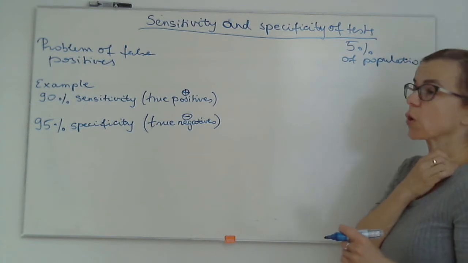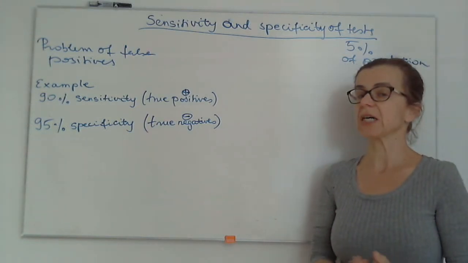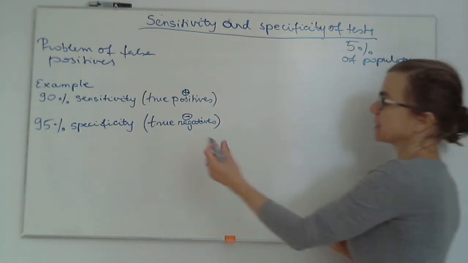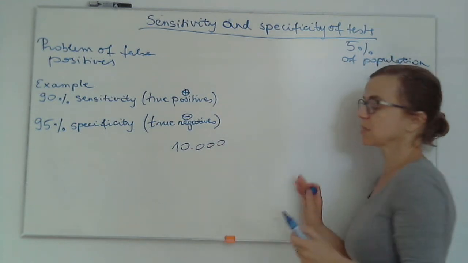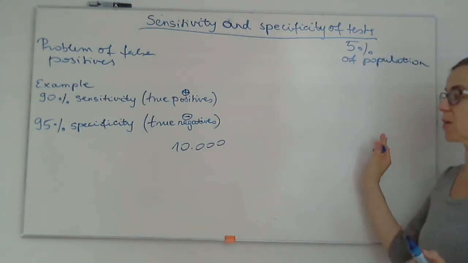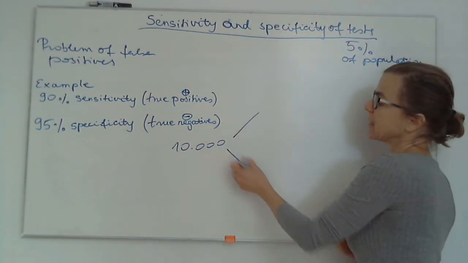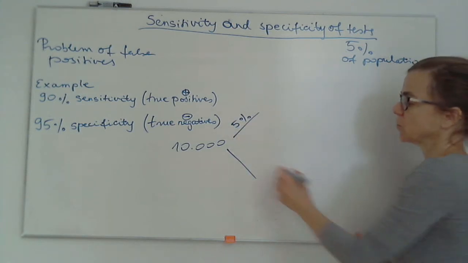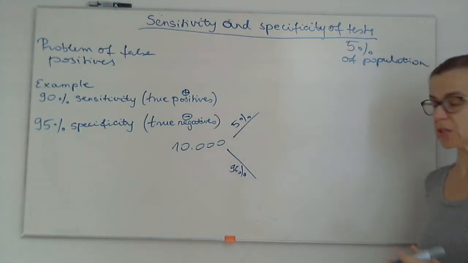So let's see with concrete numbers what happens if you test positive. What are your chances that your positive is a false positive? Let's take a population of 10,000 people, because this makes sure that even the 5% is a big enough number not to have half individuals. And let's see, we have 5% of the population who carry the disease and 95% who are not affected.